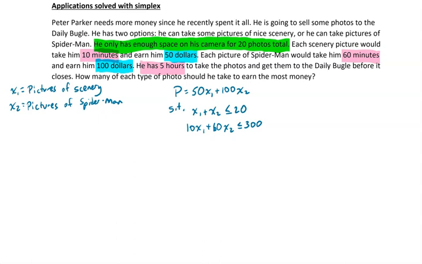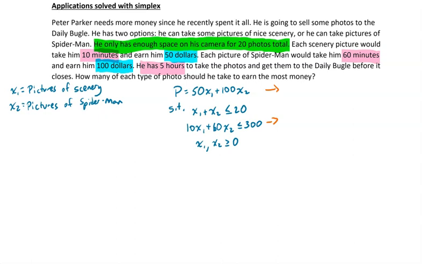Alright, with that out of the way, we are now ready to start solving this. And by the way, obviously we can't have a negative number of either photo, so make sure you put that in. To start solving with Simplex, the first thing we need to do is change the profit equation and add slack variables to all the constraints.